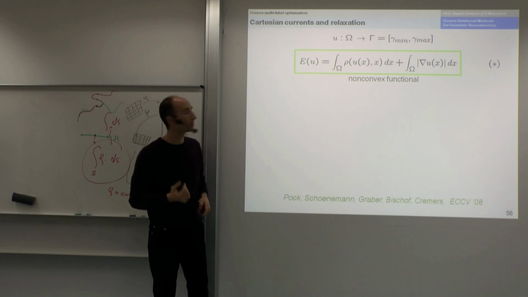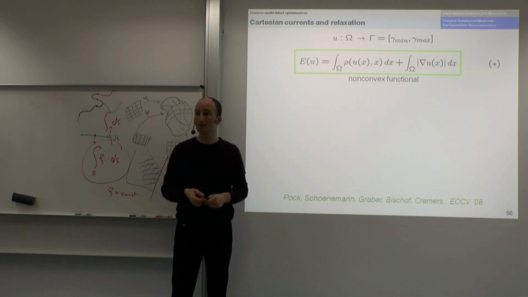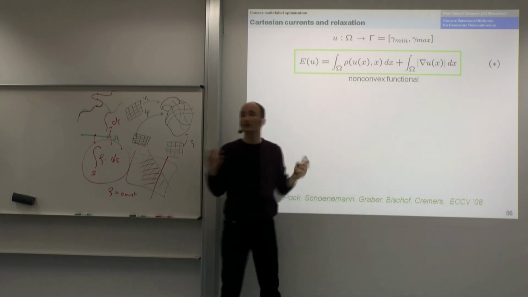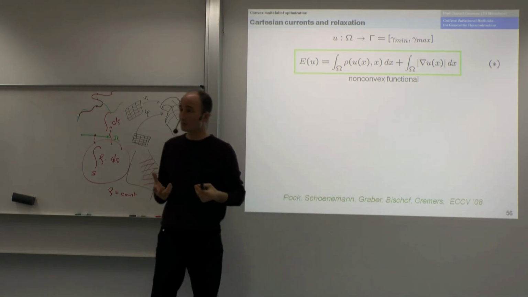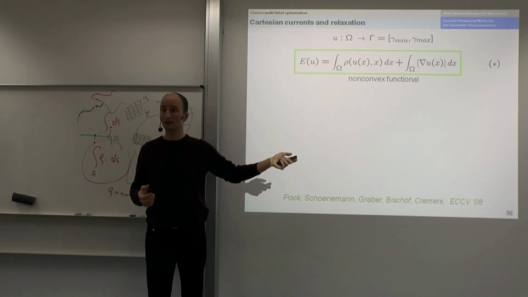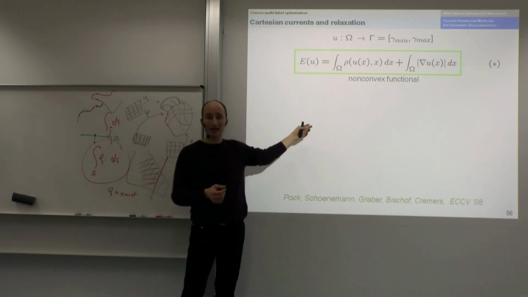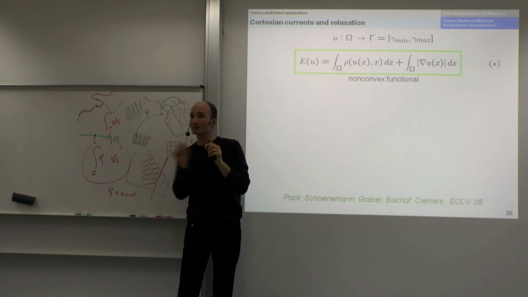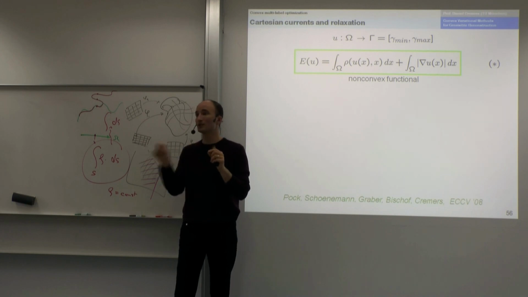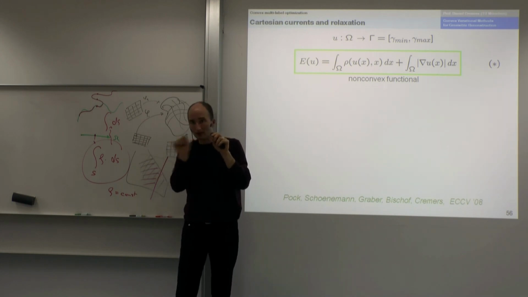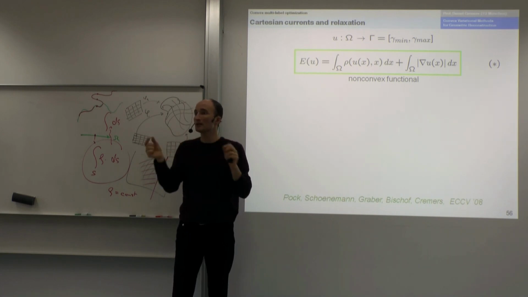The problem with these cost functions is they're not convex, because u enters the argument here and rho depends on the images. So much like the optical flow, same problem, except this is one-dimensional, right? So stereo is exactly the same as optical flow, except I'm only looking for correspondence in one dimension. I typically rectify the two images so that the corresponding pixel in the other image is along the x-axis.